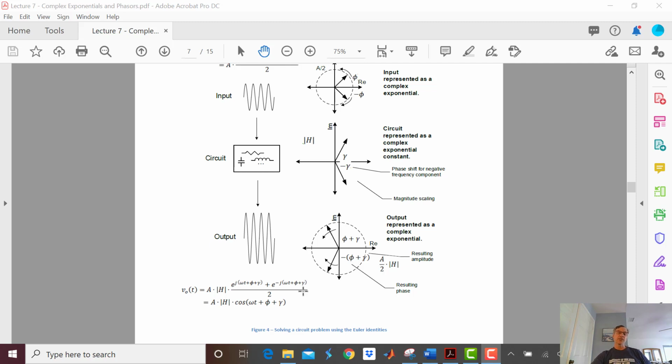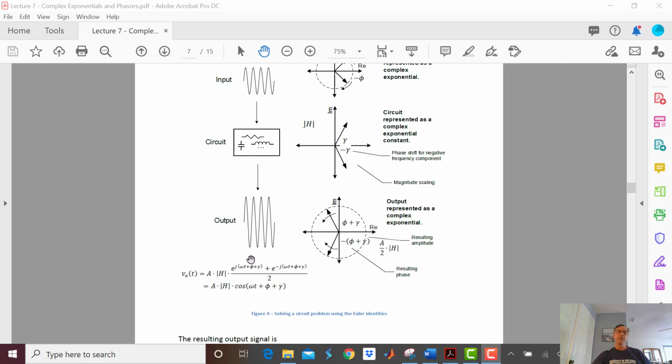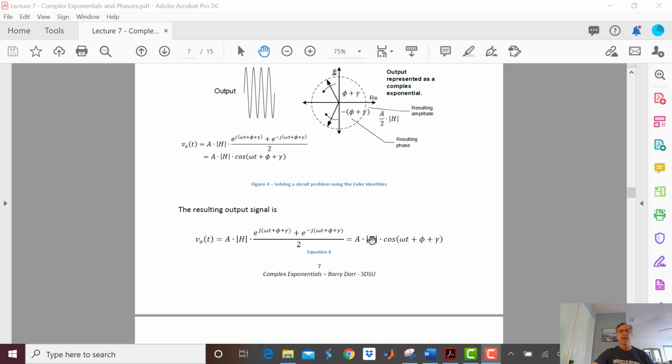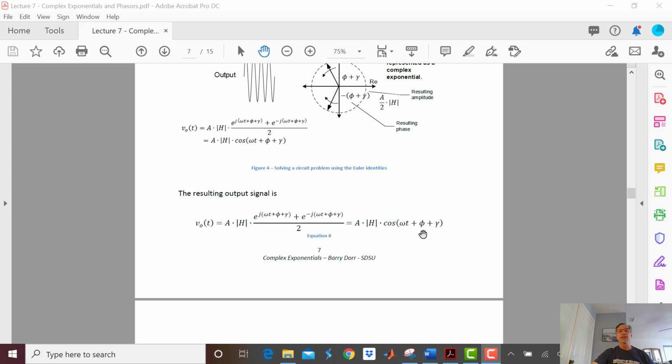Now let's use Euler's identity and turn it back into a cosine. And it's just A times h cosine omega t plus phi plus gamma. In other words, what the circuit did is it scaled our input by h, and it shifted the phase of our input by gamma. And here is our resulting signal.